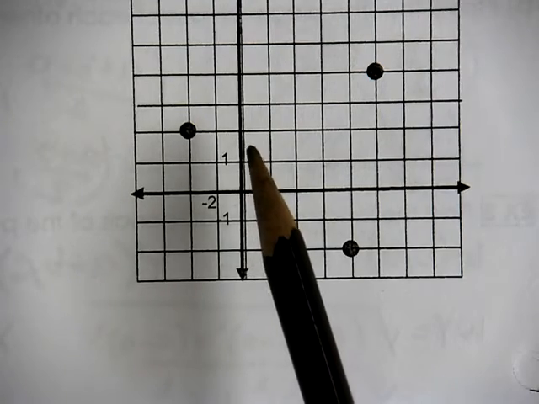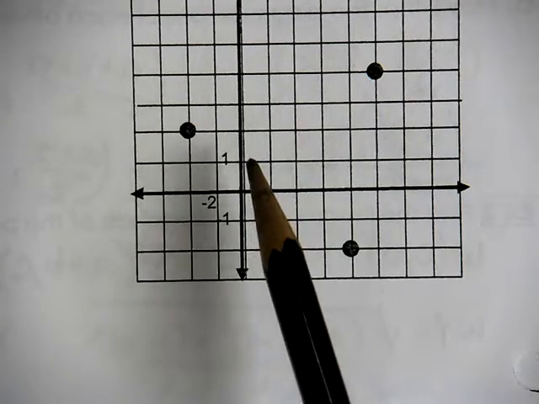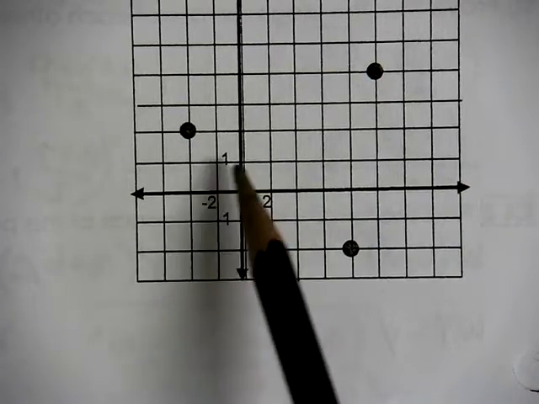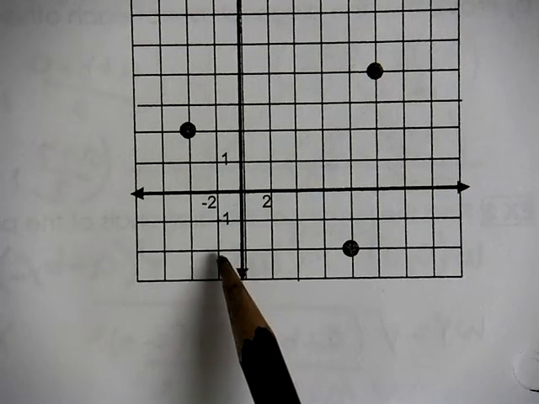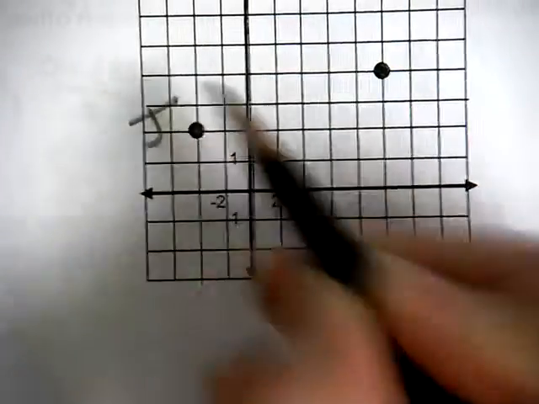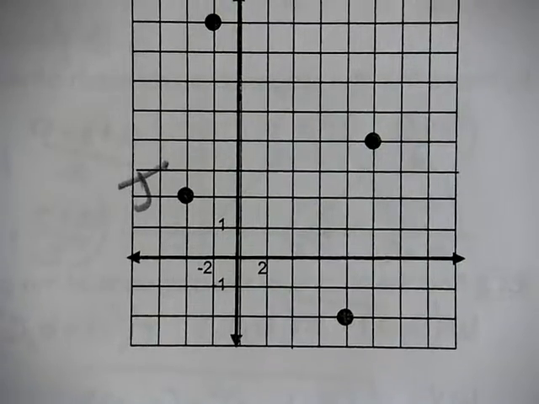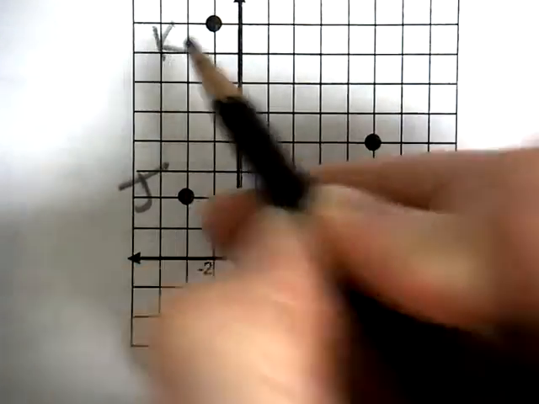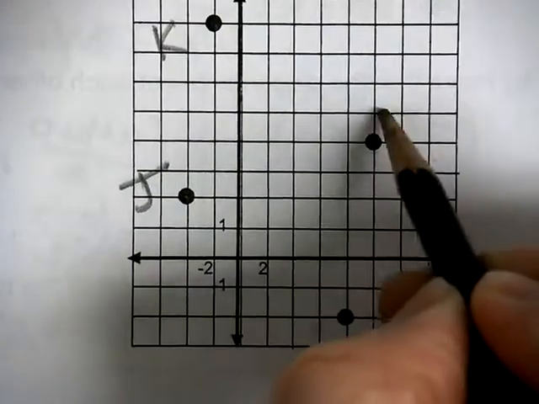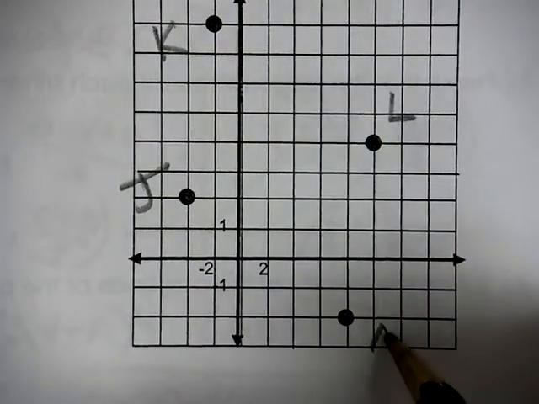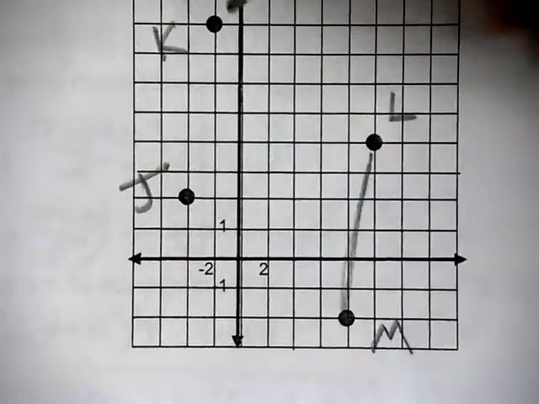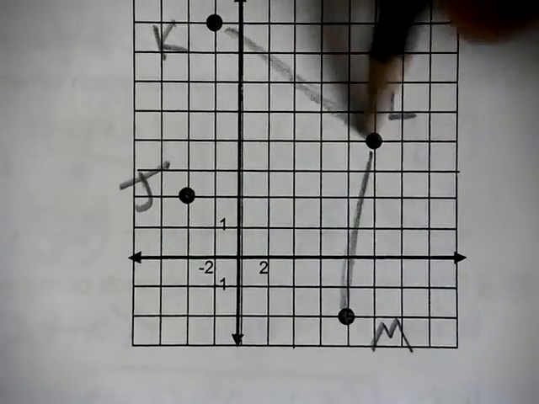It's not drawn proportionally, because your scale is not the same. You got to watch that. We know that J would be here, and K is 2 to the left and 8 up, L and M. So that's going to make our shape.